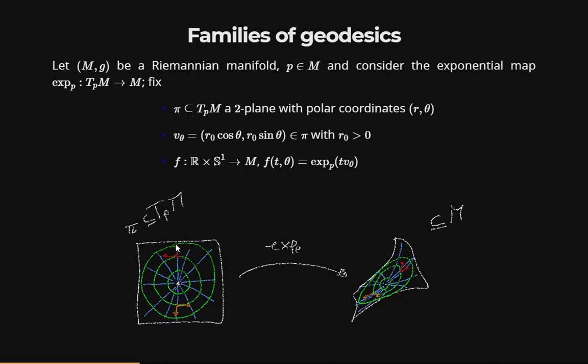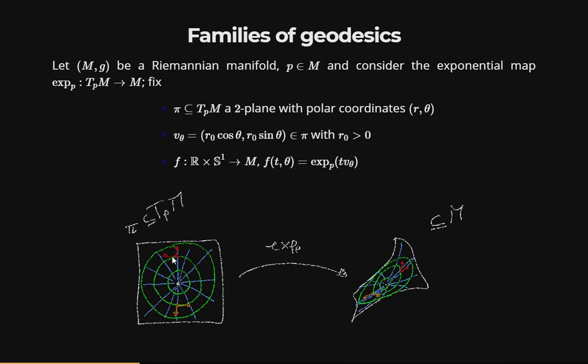Now, if you consider the two canonical vector fields, the d rho (or dr) and the d theta vector fields, which are the radial direction and the circular, rotating direction, they go to some vector fields. The important thing is that the radial vector field will go to a vector field which follows the geodesic, so it will be a multiple of the velocity vector field of the geodesic.